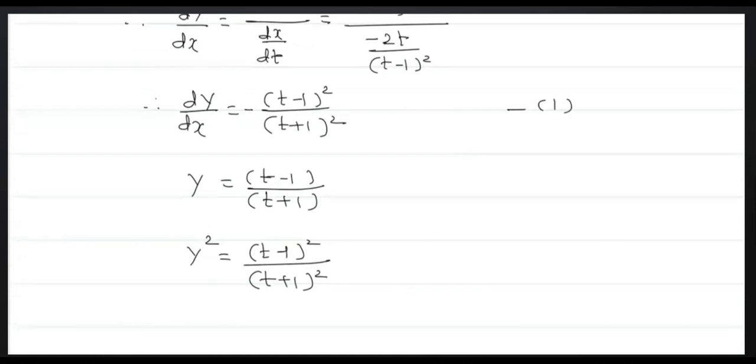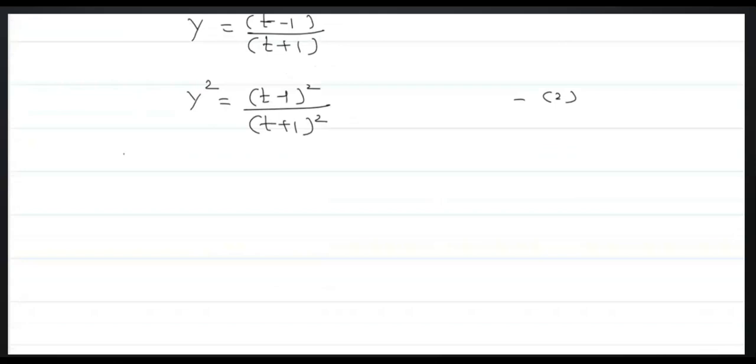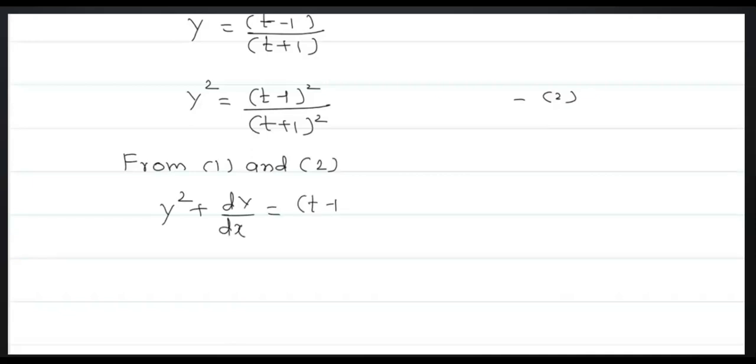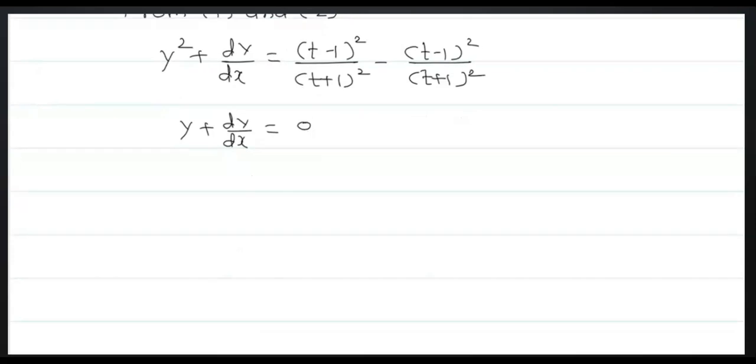Hence dy by dx plus y square, that is, y square plus dy by dx, that is (t minus 1) whole square upon (t plus 1) whole square minus (t minus 1) whole square upon (t plus 1) whole square, and that is equal to 0. y square plus dy by dx is equal to 0.